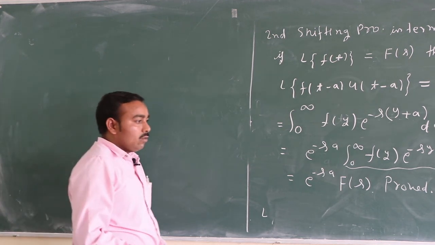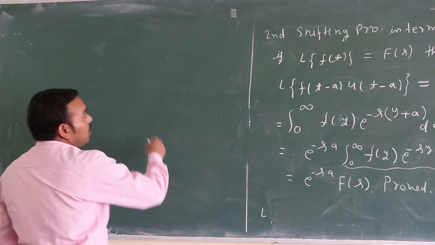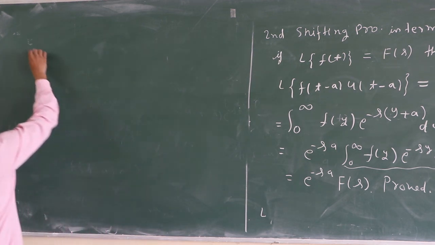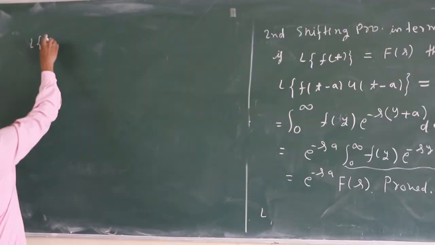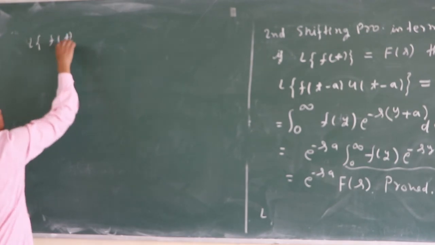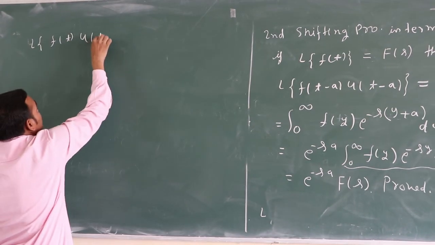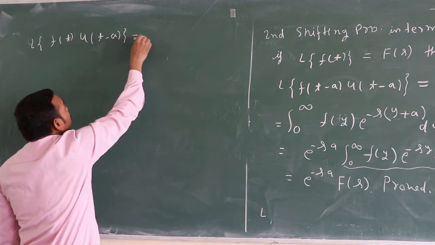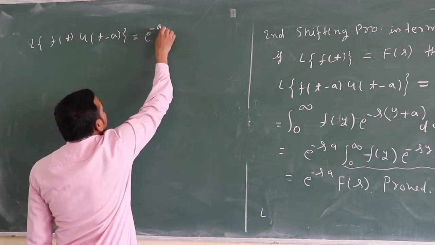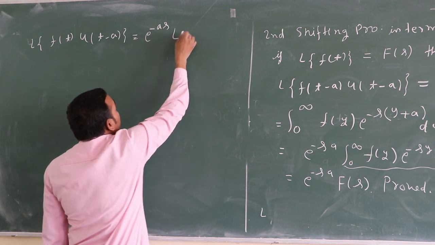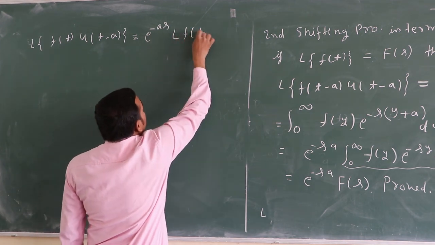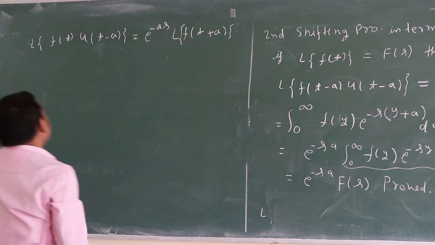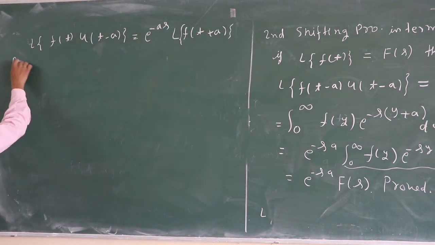Now we will discuss one more property of the unit step function: Laplace of f(t) u(t minus a) equals e to the power minus as Laplace of f(t plus a). How to prove it?